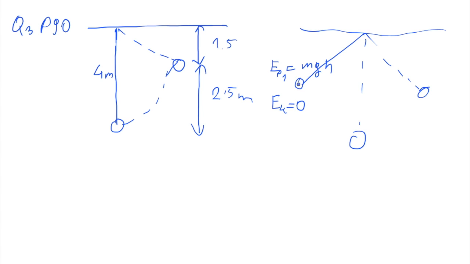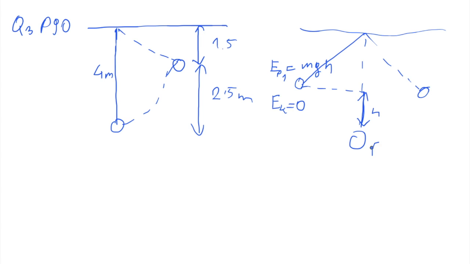Then as the pendulum swings, the potential energy decreases and the kinetic energy increases. So the height in this case, remember that this is our height for the calculations of the potential energy. That's the height. So kinetic energy will be equal to 0. As the pendulum drops the full height, so it drops this distance, it's at the bottom of its swing, and it has its highest speed.